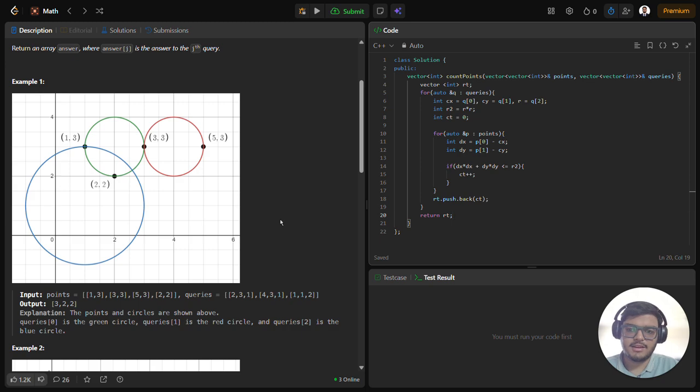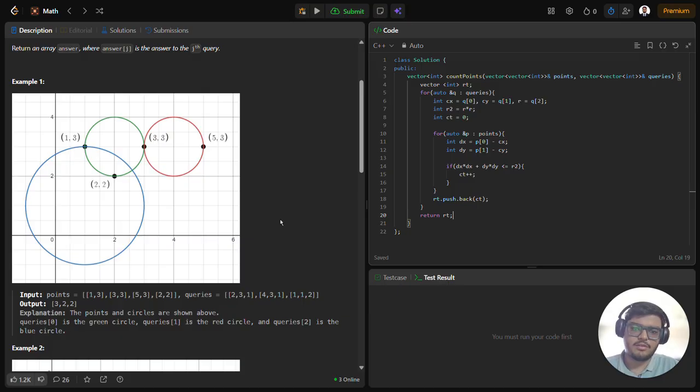Let's try running it on query 1. Center is (2, 3), radius is 1, r squared is 1. Point (1, 3): dx is negative 1 and dy is 0. 1 plus 0 is 1, 1 is less than or equal to 1, inside. Point (3, 3): dx is 1, dy is 0, 1 plus 0 is 1, inside.